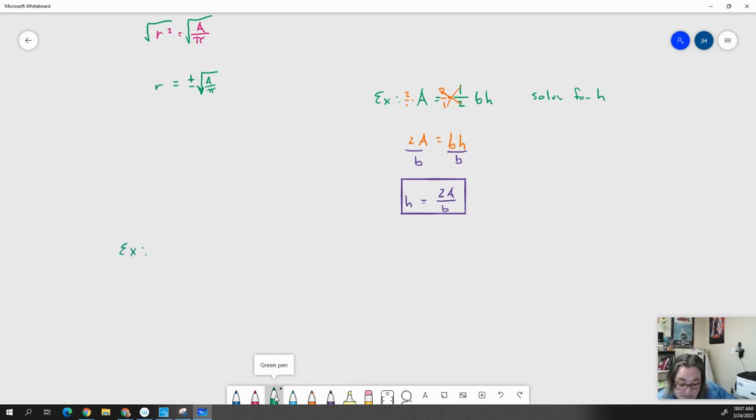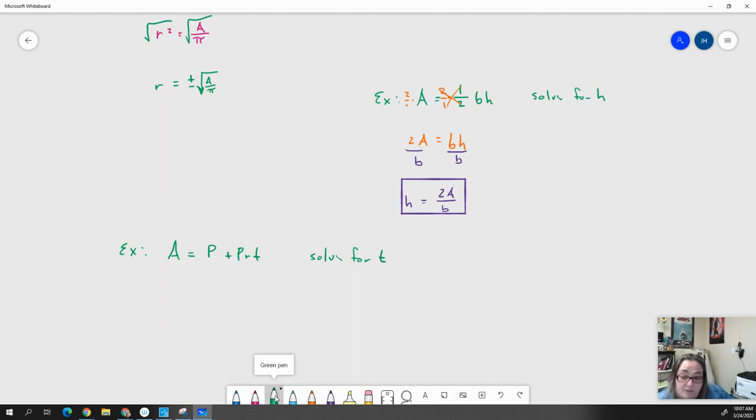Last example is if I have A equals P plus PRT. We want to solve for T. That means we want T to be the only thing left over here.